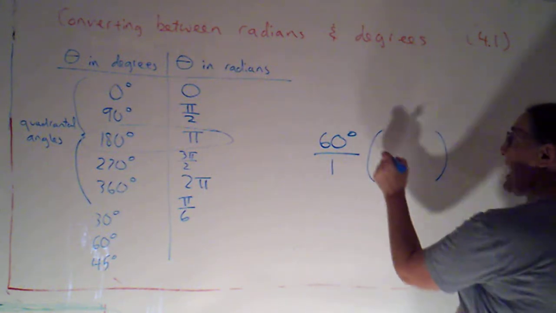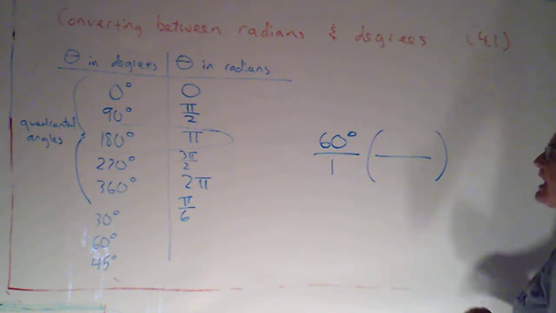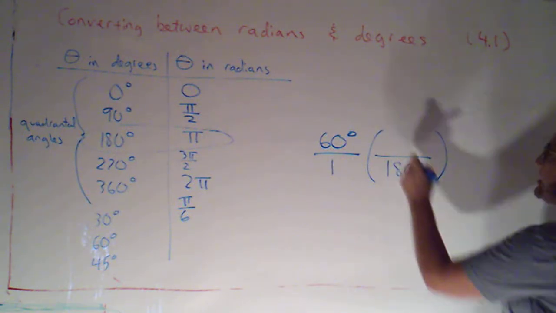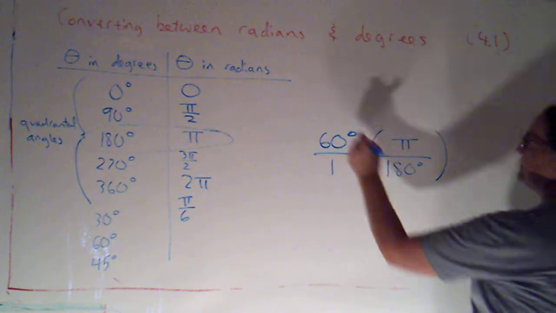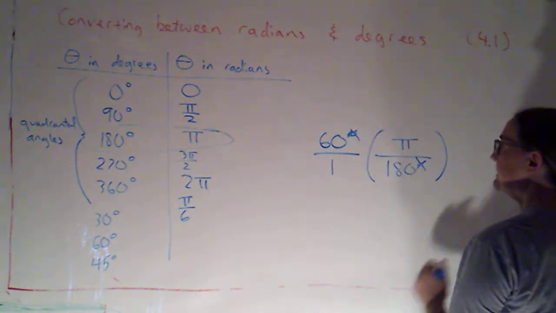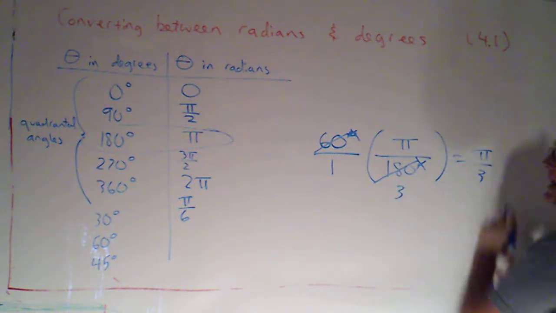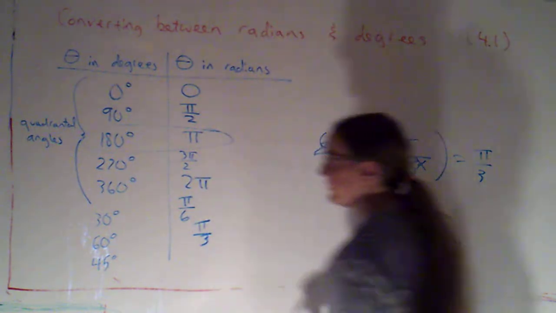That just allows me to have a fraction so that I can see that the 60 degrees is on top. Again, if I want the degrees to cancel, I'm going to put 180 degrees on the bottom and pi on top. The degrees cancel. 60 goes into 180 3 times, and so I get pi over 3. So 60 degrees is pi over 3.